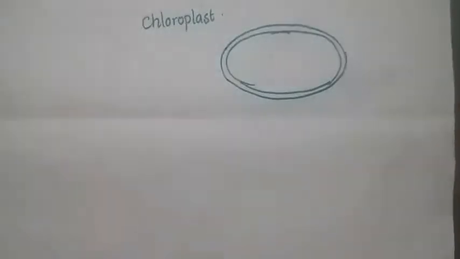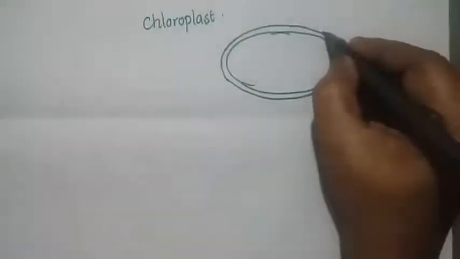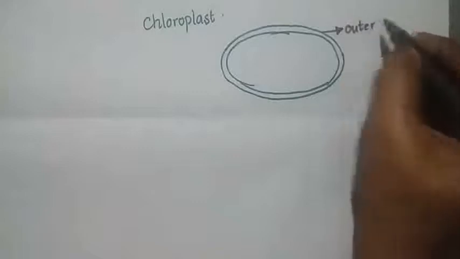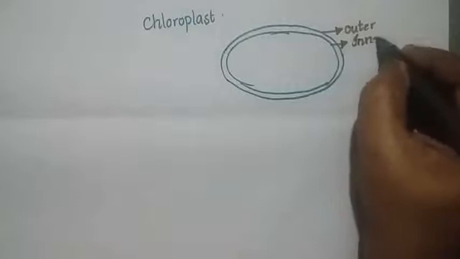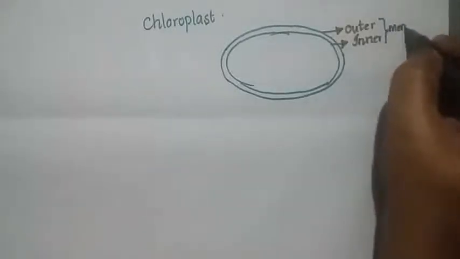So this is a diagram expected for about 3 marks. You should practice. So I said this is a double membranous organelle comprising 2 membranes, which can be named as an outer and inner membrane.